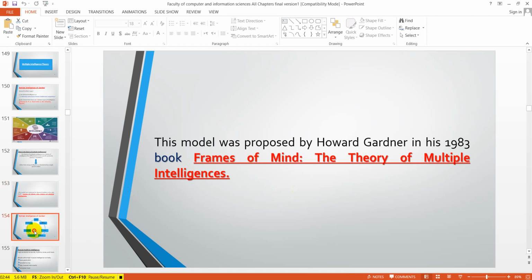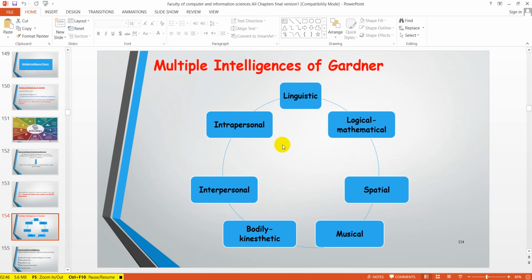In our lecture, we will focus on the seven component model and we will clarify the difference between the multiple intelligences of Gardner, which are linguistic, logical-mathematical, spatial, musical, bodily kinesthetic, interpersonal, and intrapersonal intelligence.